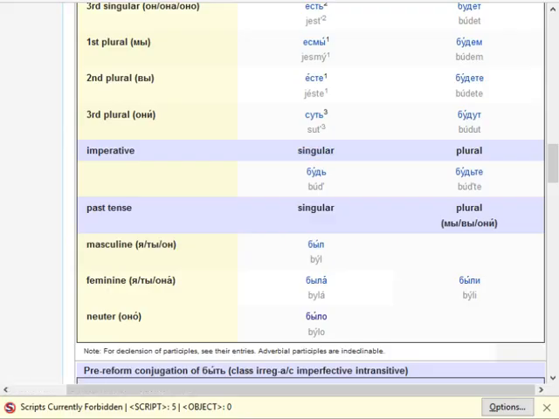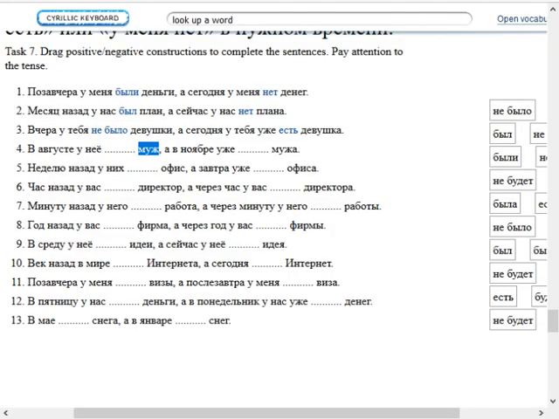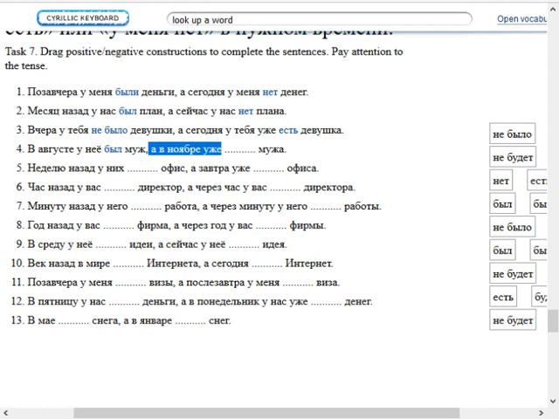Okay, coming back to our current question, masculine past tense is был. So we can take this был and say у него был муж. А в ноябре уже нет мужа. This is present tense.